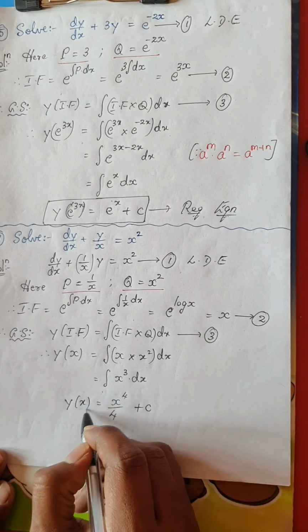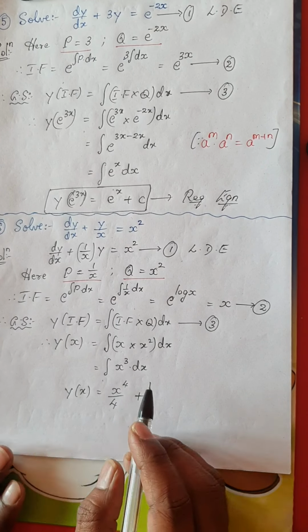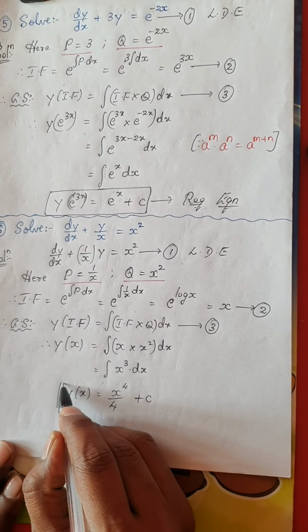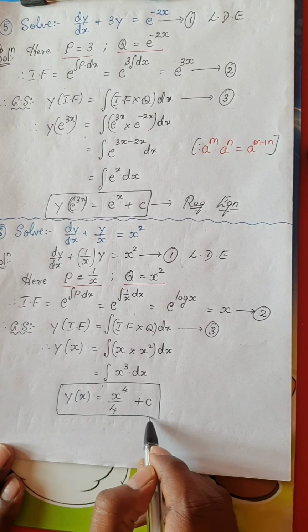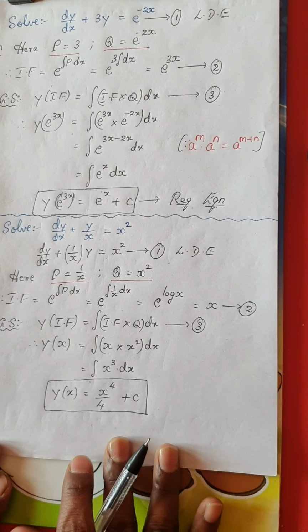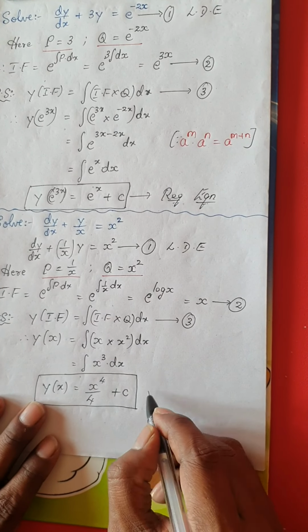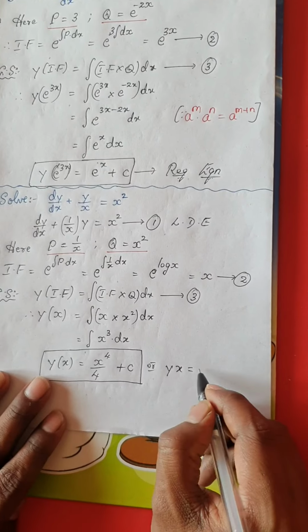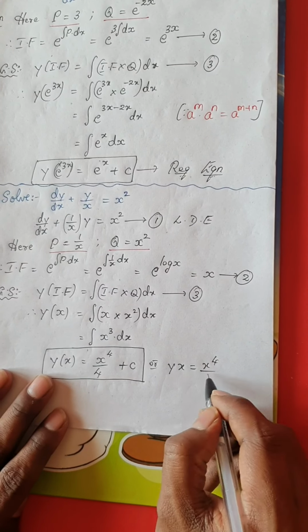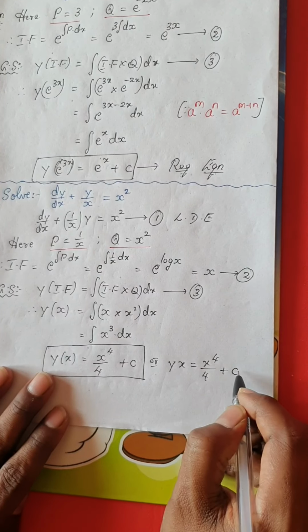I'm going to get y into x. Don't make a mistake of writing it as y of x. This is y into x, equal to x power 4 divided by 4 plus c.